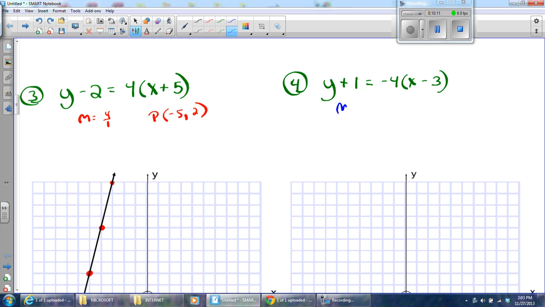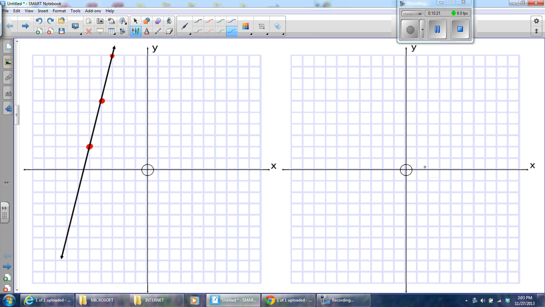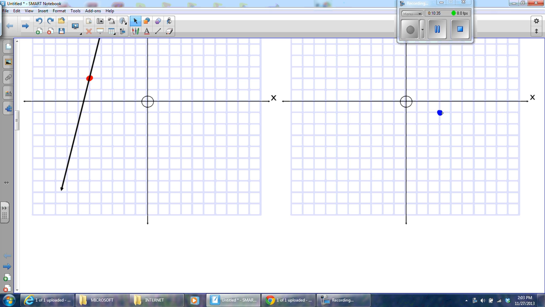My slope is going to be -4/1, and the point I'm talking about will be (3, -1). And so I'm going to go 1, 2, 3, and then down 1. That's the first point I'm talking about. And I think my slope was -4/1, I believe. Let me just double check that. Yep, -4/1. So I'm going to go down 1, 2, 3, 4, and over 1.